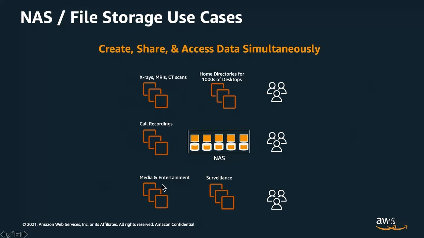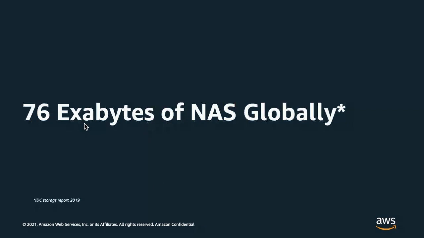Media and entertainment is a very, very popular vertical where network attached storage is very prevalent. And surveillance video cameras, etc. NAS, again, is a great dump yard for lots and lots of videos and photos. And again, more importantly, multiple applications and users can access the data simultaneously from network attached storage. So those are the typical use cases.